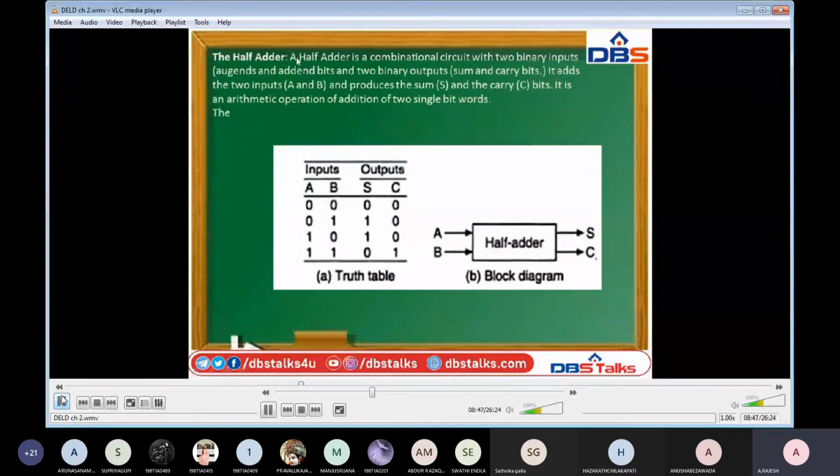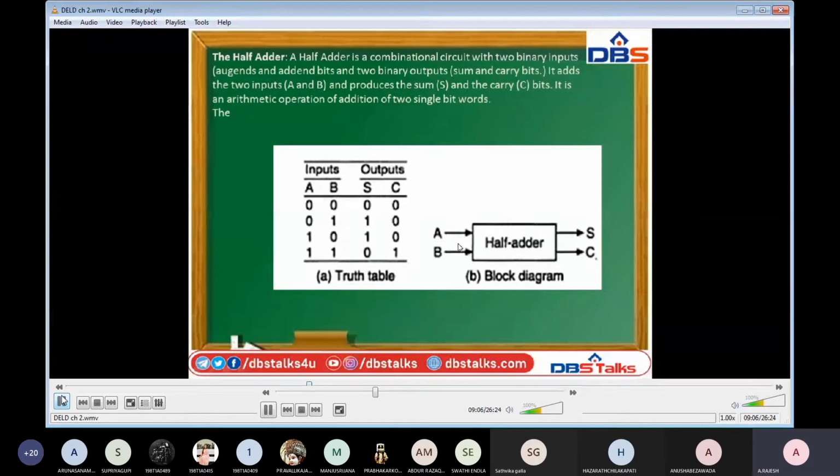A half adder is a combinational circuit with two binary inputs. It adds the two inputs A and B and produces sum and carry bits. It is the arithmetic operation of addition of two single bits.